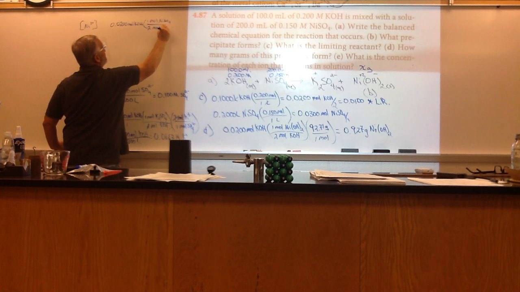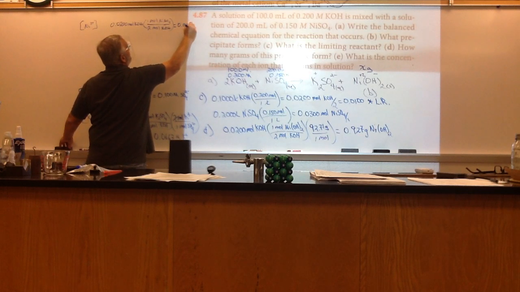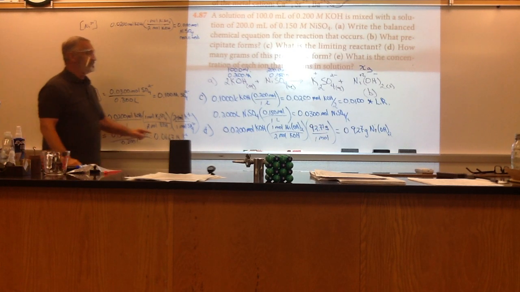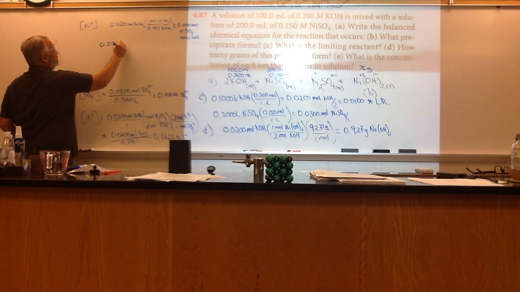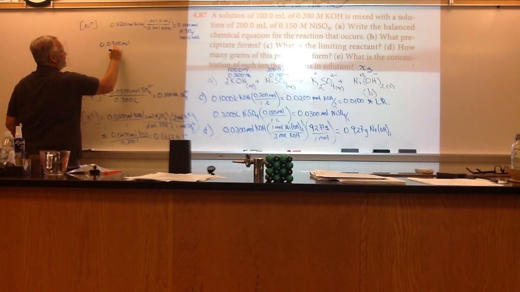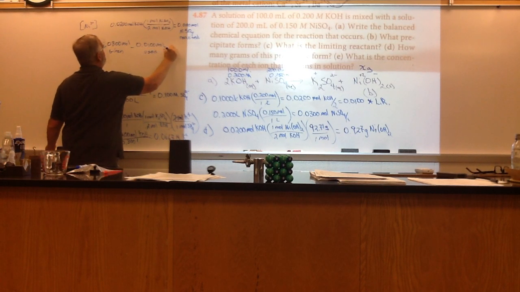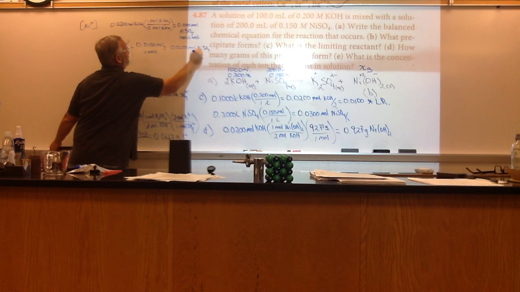We really already know this one too. So this tells me 0.010 moles of NiSO4 reacted, got used. How many moles do we have to start with? 0.03. So 0.03 moles given minus the 0.0100 moles used, so I have 0.0200 moles NiSO4 excess.